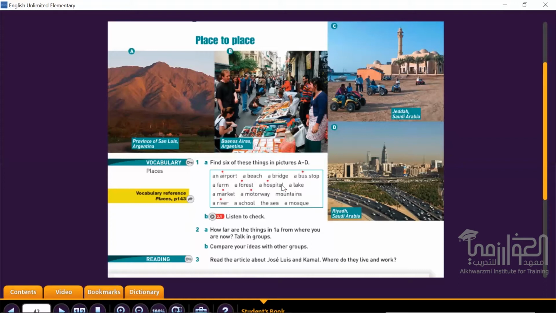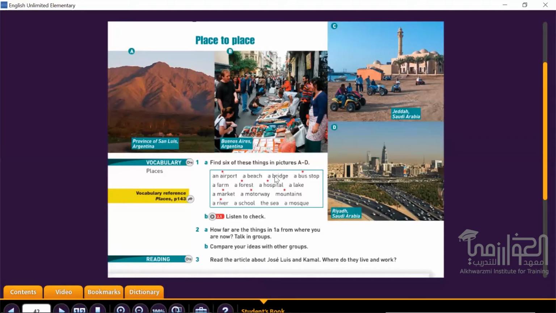So let's now look at some of these. An airport. Do we have an airport here? It seems there's no airport. And then the next picture, a beach. In which picture can we see a beach? Yes, you can see that the answer is C. There's a beach here.